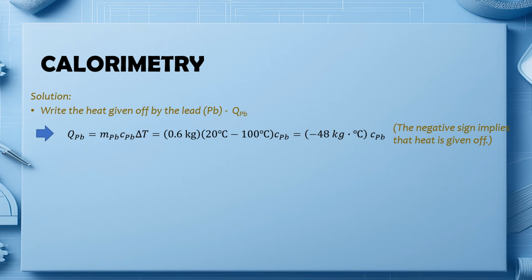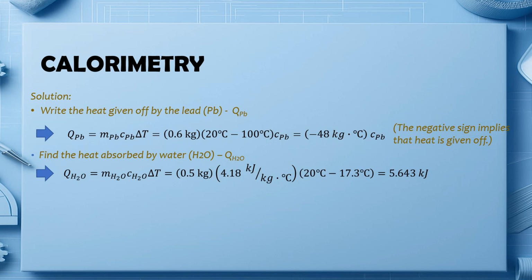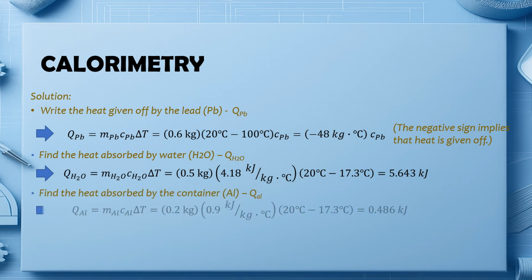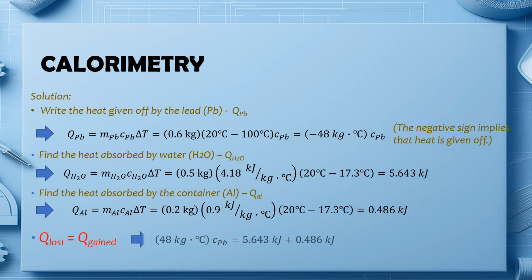The negative sign implies that the heat is given off. And then let's find the heat absorbed by the water using also the formula mc delta T. So we have 5.643 kilojoules. And then the heat absorbed by the container, we have 0.486 kilojoules.